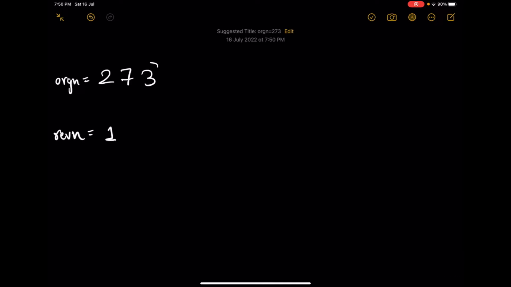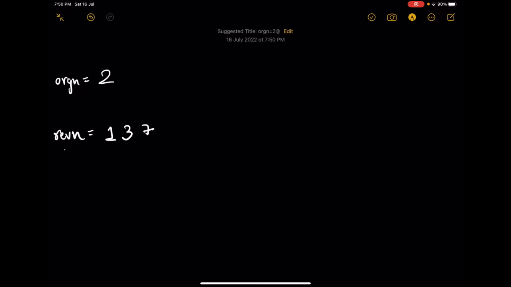Then I come at 3. I want to put this 3 at the end of this new reverse number. That means I want to put 3 here, and after I've put 3 here, I can again forget about this number. Then I want to look at 7. Again, I want to add this to the end of this new number, so I add it here, and after I've added it here, I again forget about this 7.